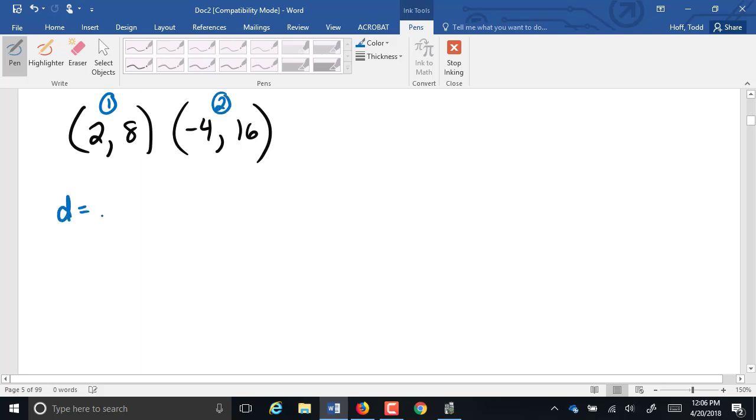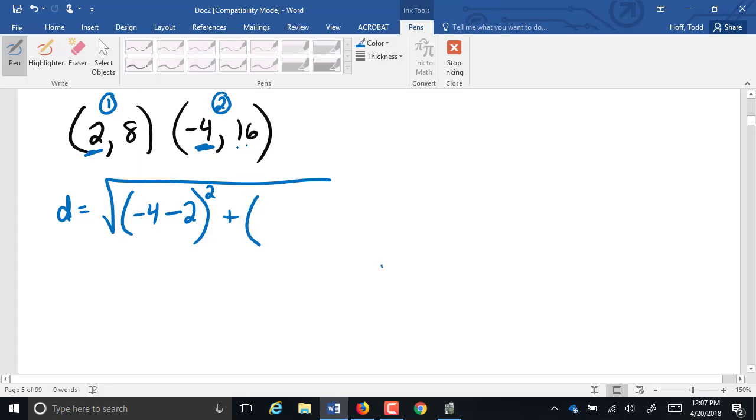That distance, or that length of the segment, however you want to look at it, is going to be the square root of x2, point 2, the x coordinate is negative 4, minus x1, which is 2. That difference is going to be squared, plus we have y2, point 2, the y coordinate is 16, minus y1, point 1, the y coordinate is 8.